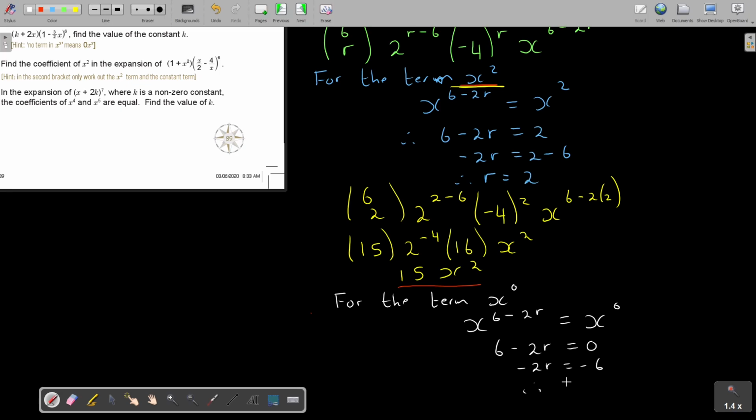So therefore r is 3. And now I substitute it still in there. I just want to, okay, it's exactly the same, now I just put a 3.